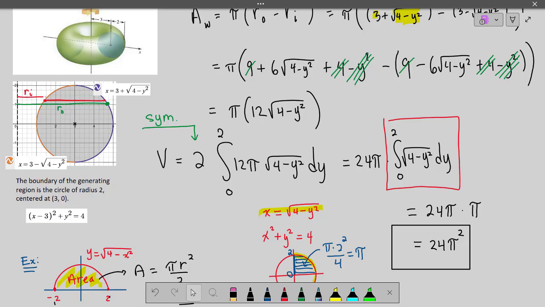How far does that point travel if it rotates around this axis? 6 pi. Because it's 2 pi r for a circumference. So 2 pi r, that is 3 units from the axis of rotation, so 6 pi. So the center of mass travels 6 pi. The area of the disk is 4 pi. 4 pi times 6 pi, 24 pi squared. So that's the theorem of Pappus thought process.